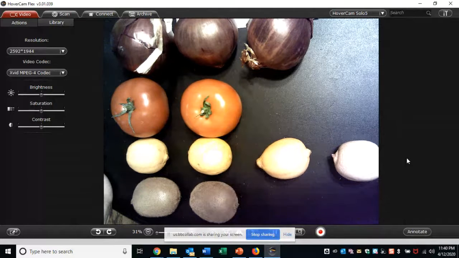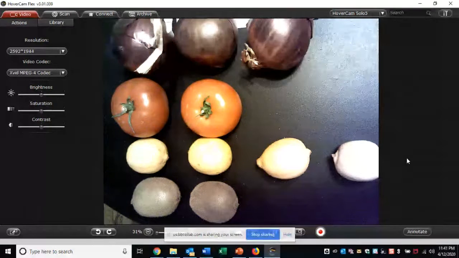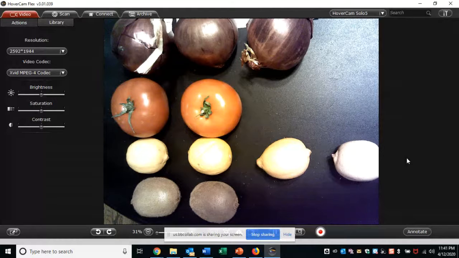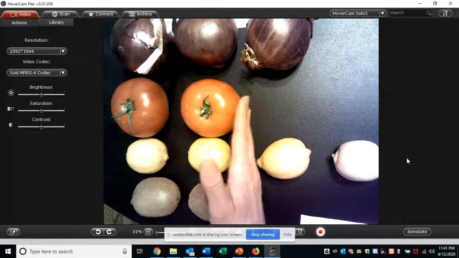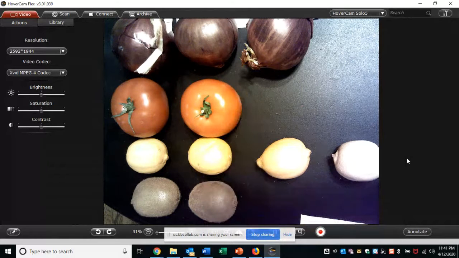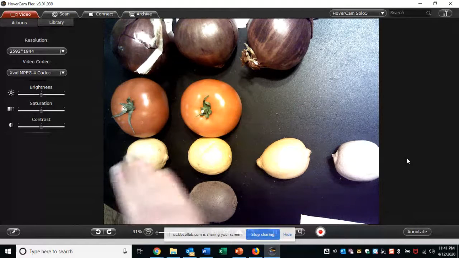We can also do some math problems here. We could think about a math problem like how many more lemons are there than tomatoes? Do you know how we would solve that math problem? How many more lemons are there than tomatoes? Now here's a way that I like to do it. Just like we checked to see that the tomatoes and kiwis were equal, if I want to see how many more lemons there are than tomatoes, I go to where they're equal.